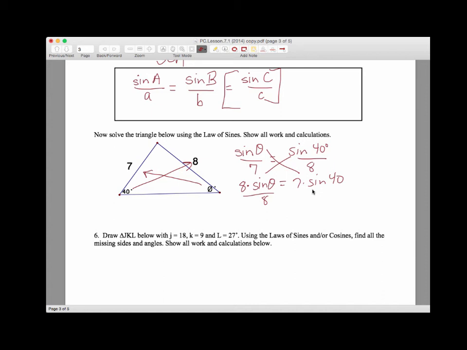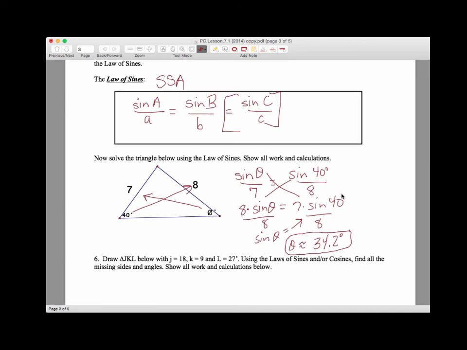Divided by 8 on both sides. That'll give us the sine of theta equals that fraction up there. And if you type that in and do inverse sine on both sides, you'll find out that theta is approximately 34.2 degrees.